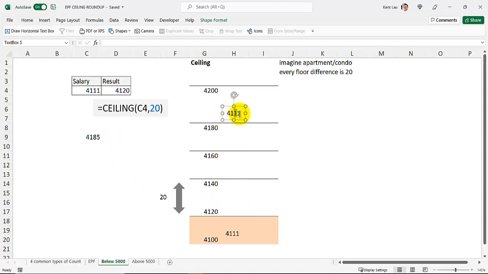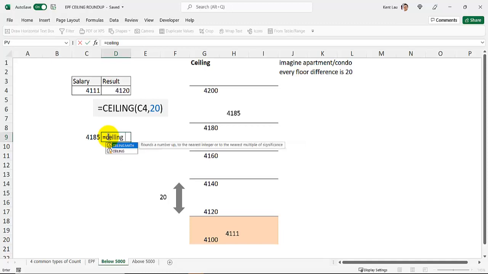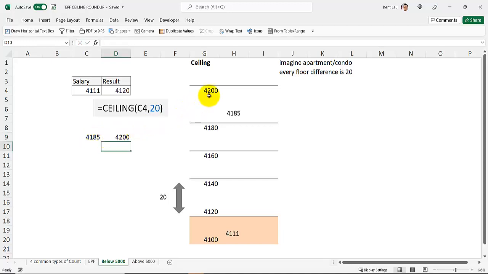So what would be the ceiling? Well, you got it. It should be 4200. So let's just key in the formula for ceiling. Click on this cell here, 20, and enter. Exactly 4,200. That is ceiling.